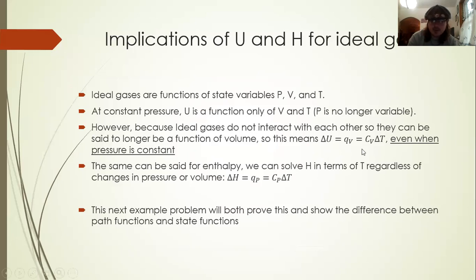Thus, we can calculate internal energy as C_V delta T, even when pressure is constant, because of the nature of the state function. We can say the same for enthalpy, so we can always calculate enthalpy as Q_P, which is C_P delta T. The next example problem will prove this and show the difference between a path function and a state function.